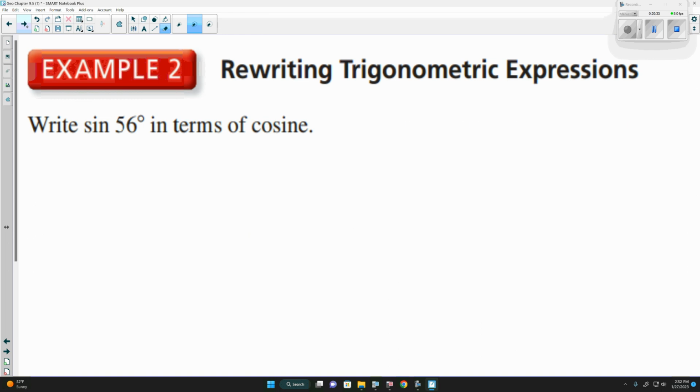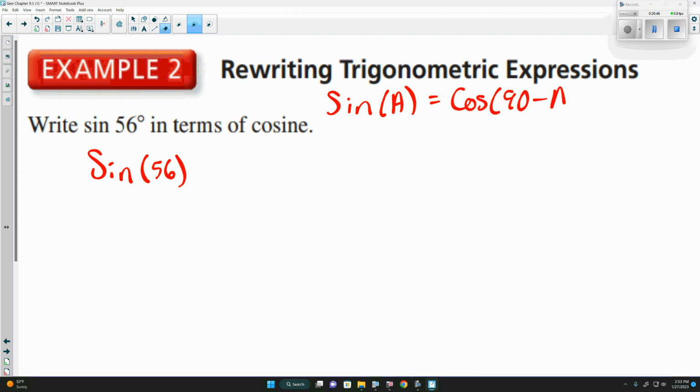So, write sine of 56 in terms of cosine. Sine of A is equal to cosine of 90 minus A. So this is the same as cosine of 90 minus 56. What is 90 minus 56?